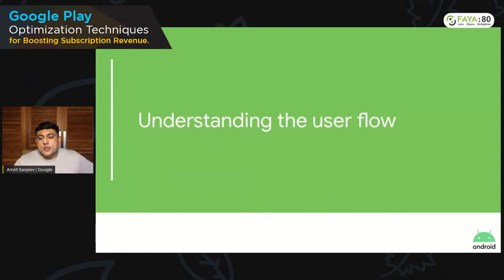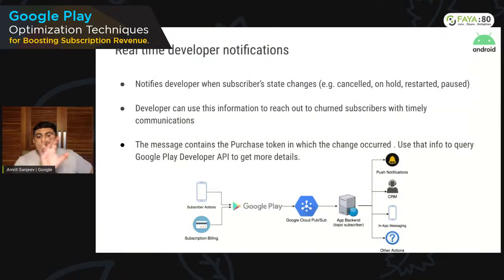Now, you need to understand the user flow here. One of the tools that you can use to understand how the user is moving through the life cycle of a premium access or a SKU is real-time developer notification. This is a service that Google Play has, which notifies a developer when the state of a subscription changes.